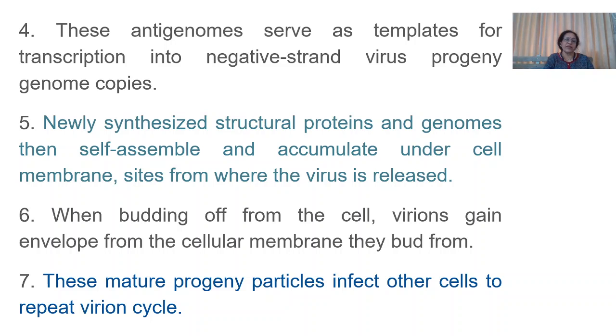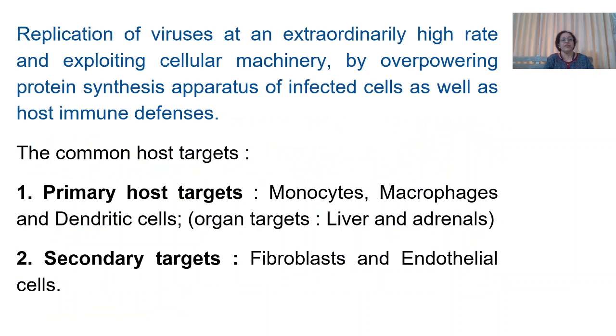These mature progeny particles infect other neighboring cells to repeat the virion cycle. And in this way, you can see destruction of a large number of cells in the body. Viruses replicate at an extraordinarily high rate, exploiting cellular machinery by overpowering the protein synthesis apparatus of infected cells as well as host immune defenses.